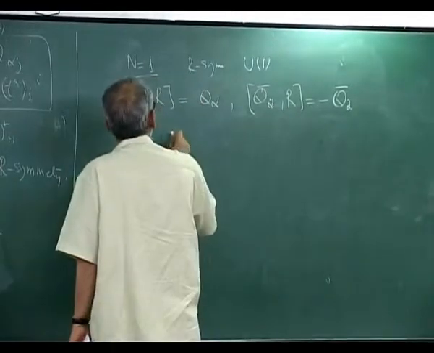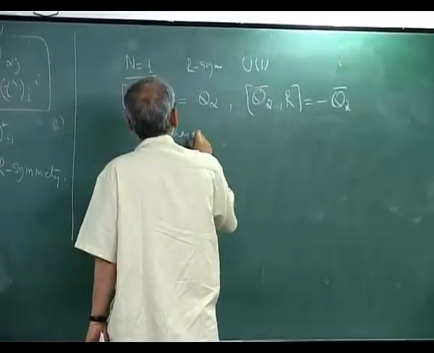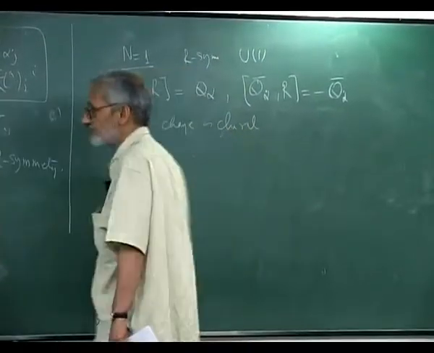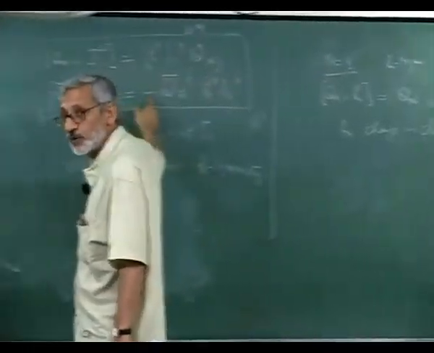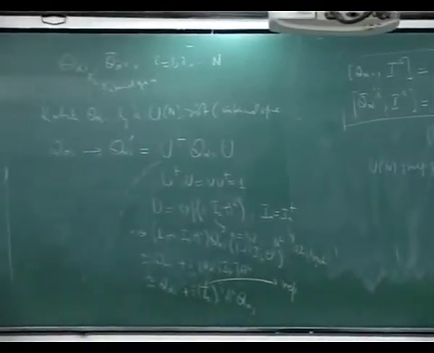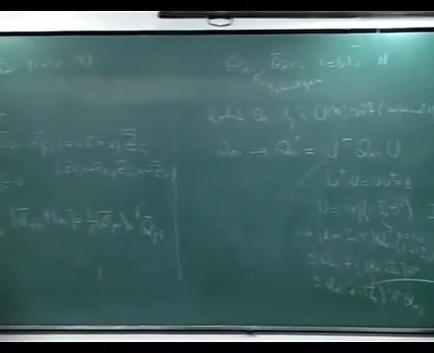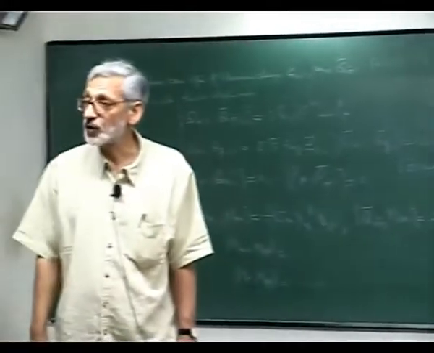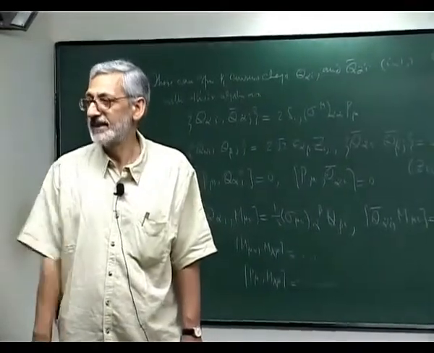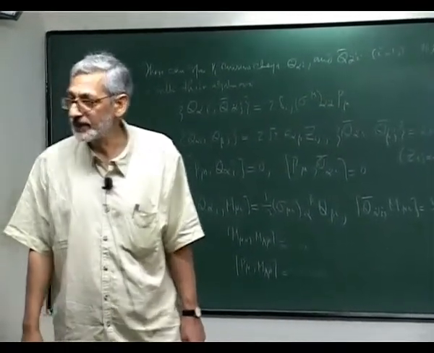R charge or R symmetry is chiral. That's why I want you to check this sign. So U is a phase and R is the corresponding charge, the generator of that phase rotation.